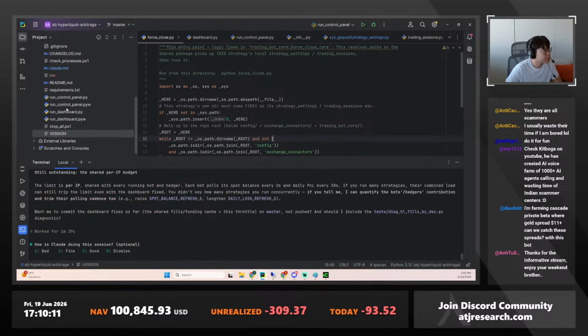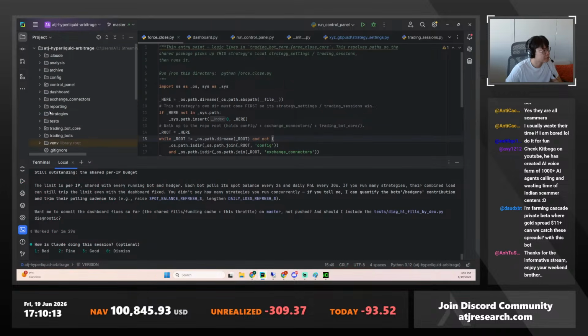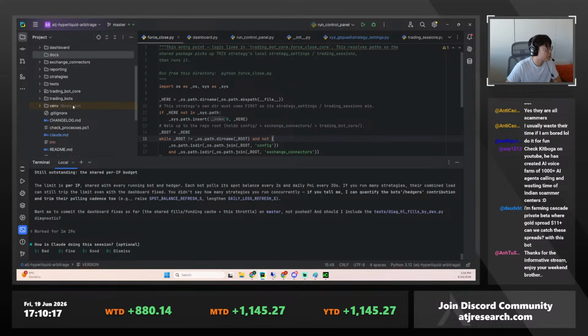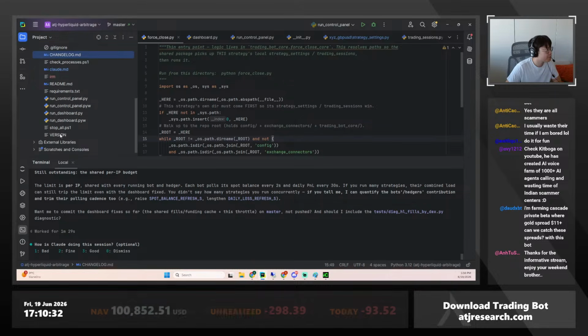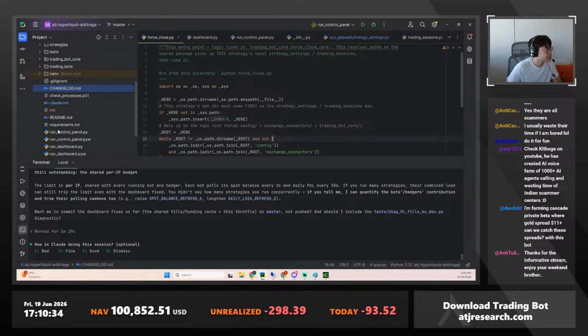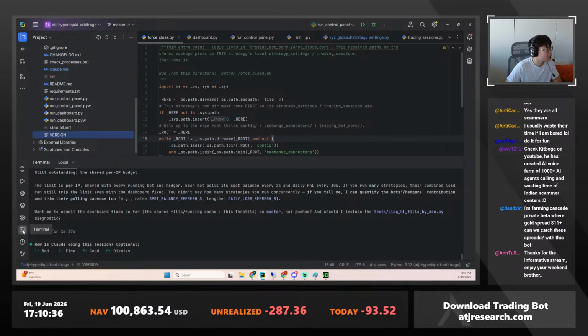And so I'm gonna clean up some of the files, right? So here I'm going to create some docs. I will move the change log to... actually, change log can stay.